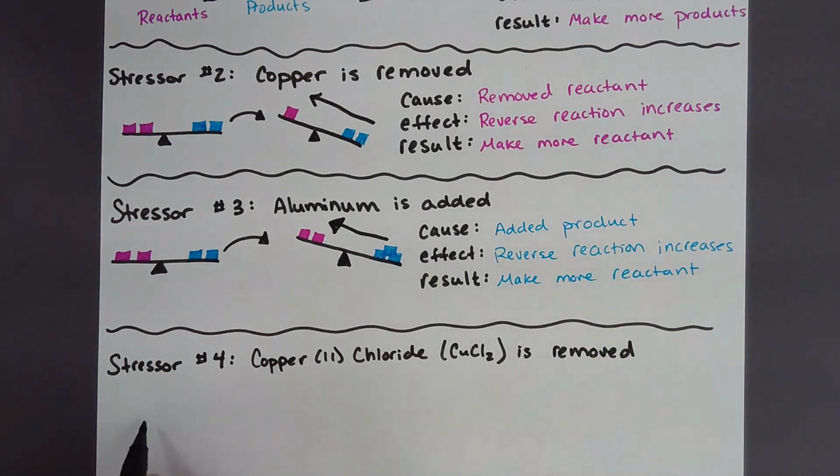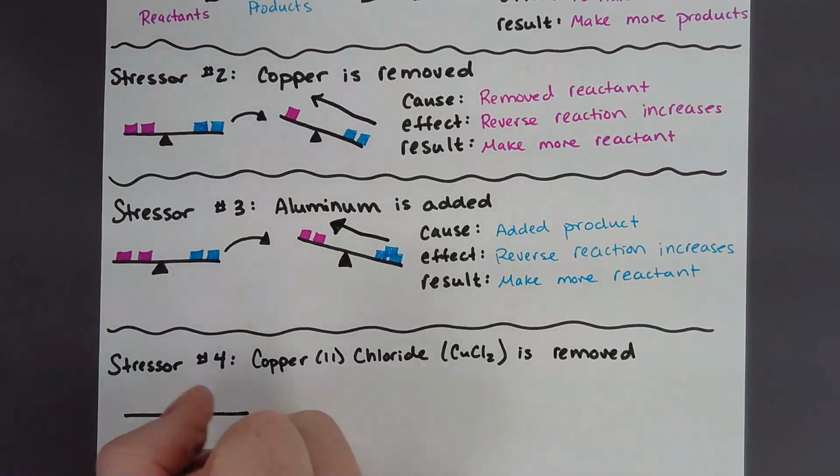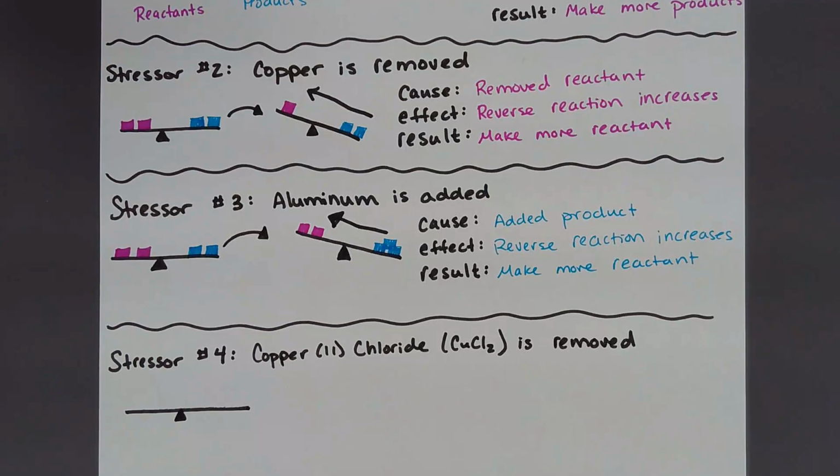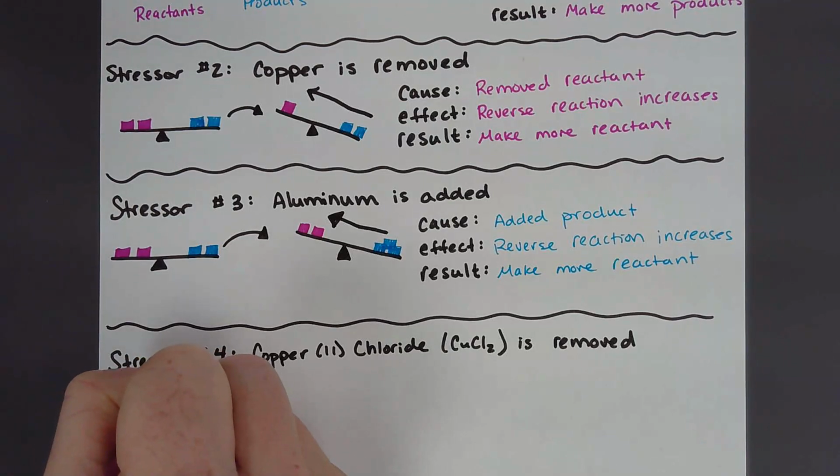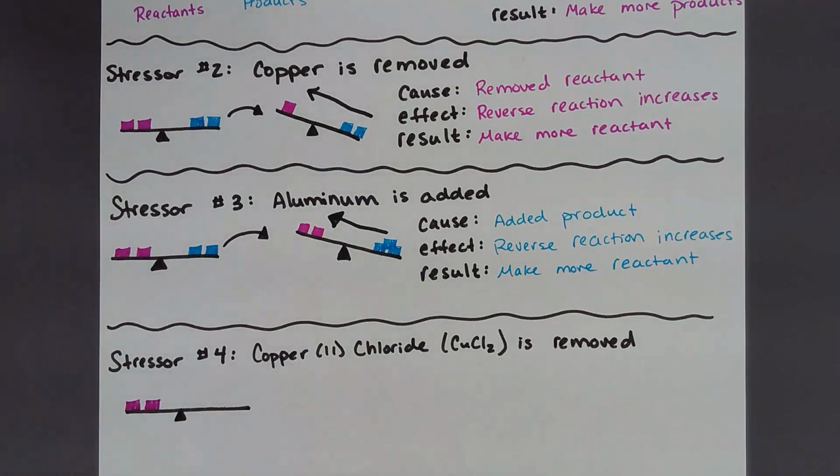So, starting at baseline, identifying reactant and product, reactant on the left, product on the right.